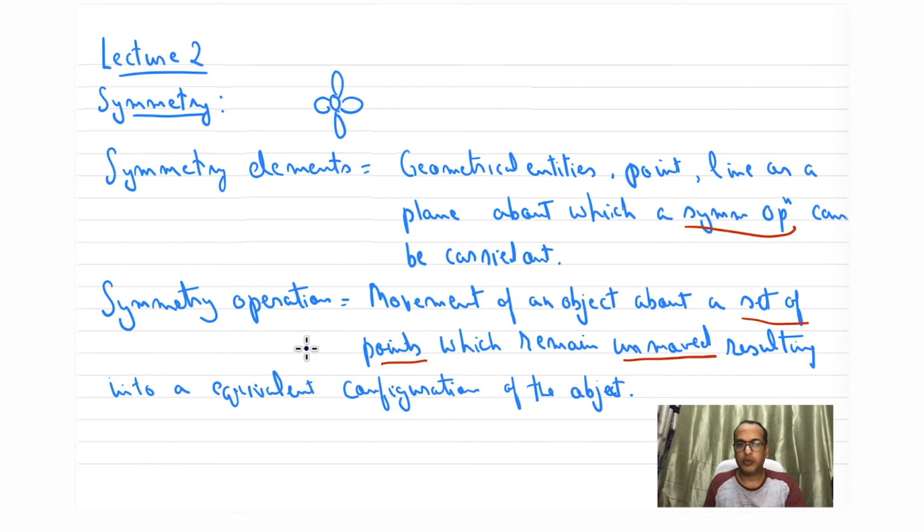So basically a symmetry operation is movement of an object about a symmetry element, resulting in an equivalent configuration of the object. When defining a symmetry operation, the symmetry element is coming into the definition. Both terms are related and you cannot define one without the other. So we will always be talking about symmetry elements and symmetry operations together.